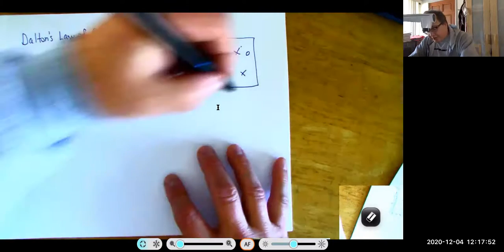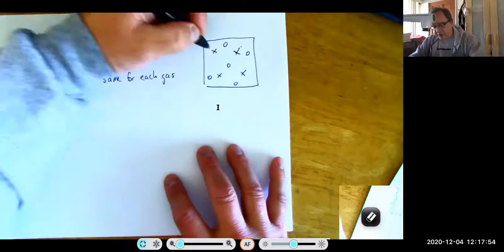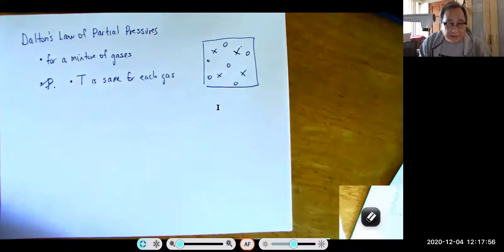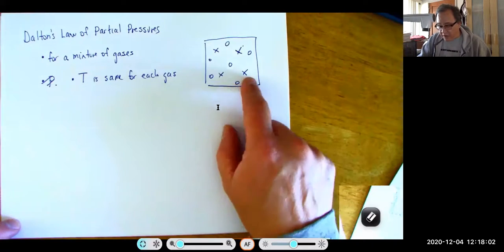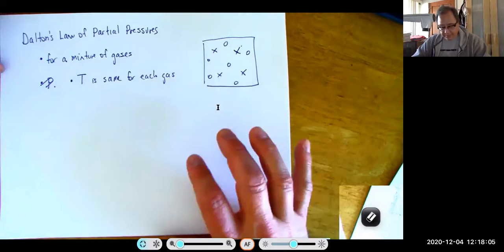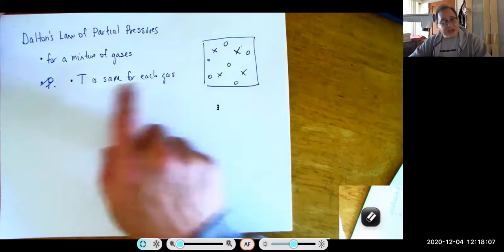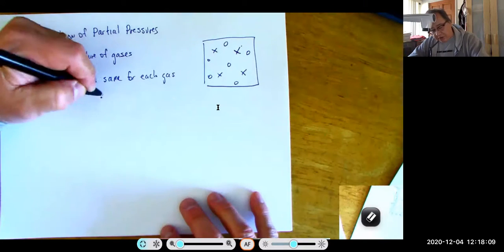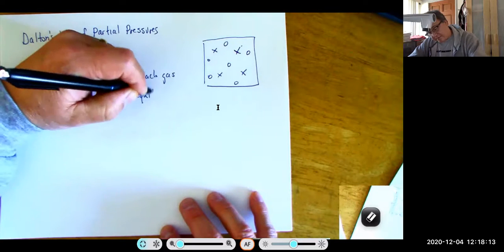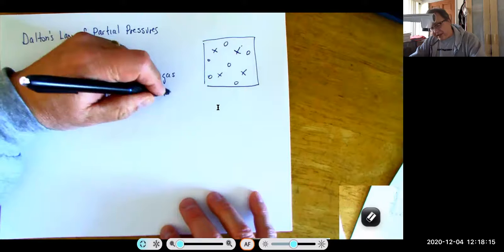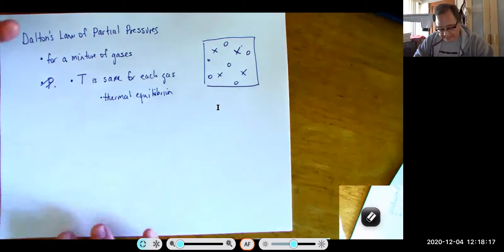And here, let's just add another couple of O's so that we see that we don't have to have the same number of molecules of each. So we've got 6 of the spheres and 4 of the X's. Okay, the temperature is the same for each gas because of thermal equilibrium. It's hard for one of these gases to be hotter than the other.